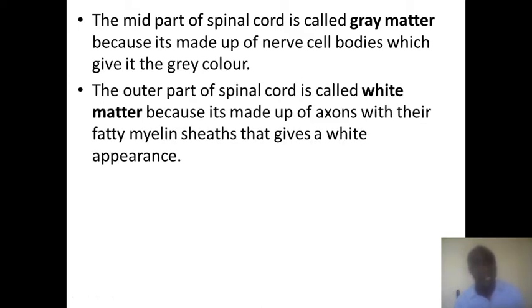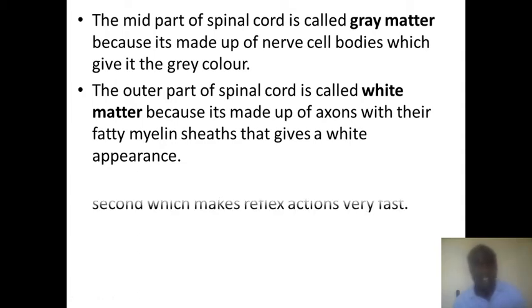Then the other white part appears white because it is made up of axons of neurons which are myelinated with fatty myelin sheaths that give a white appearance. And that's why we call it the white matter.